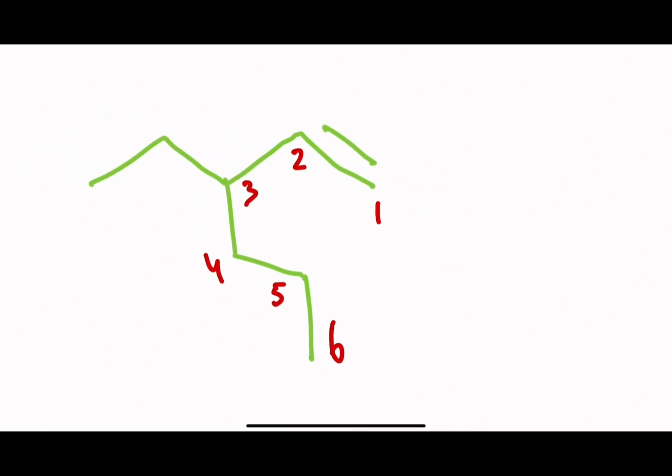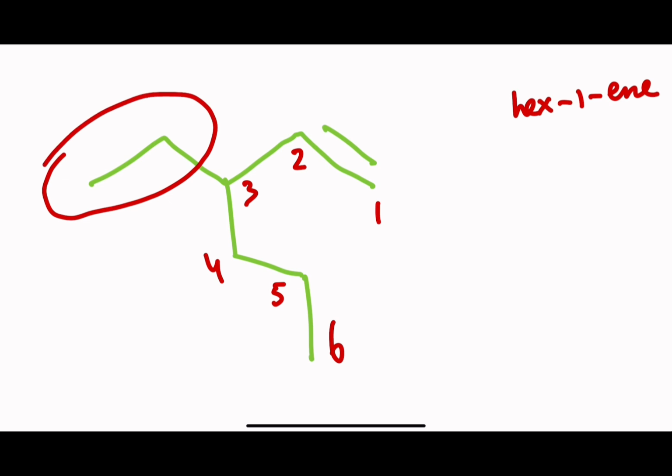We always prioritize the alkene and give it the smallest number, so it ends with hex-1-ene. Over here, as you see, I have a branch with 1, 2 carbons, so it is ethyl. Because it's located on the third carbon, it would be 3-ethylhex-1-ene.